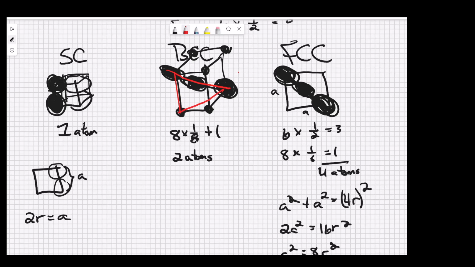Right. So we've got to do a little more Pythagorean theorem to get this relationship. You're still going to have 4r squared along the body diagonal. You're going to have a squared for this side over here.